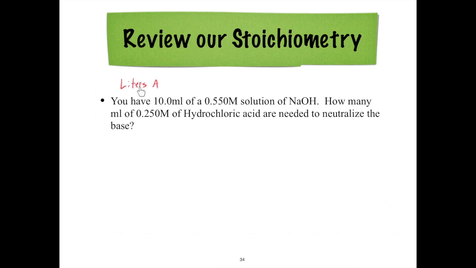It's liters of substance A converted to moles of substance A, converted to moles of substance B, converted to liters of substance B, where A is what you know and B is what you're trying to find. So this is going to require two molarities, which we have, of base and of acid, and a starting amount, in this case of base, and we are solving for milliliters of acid.